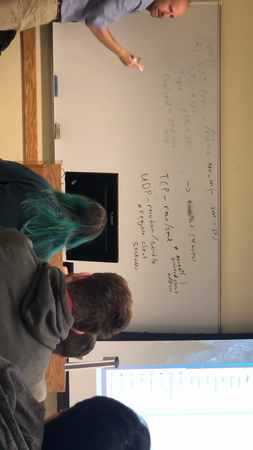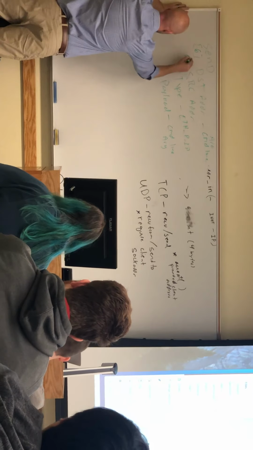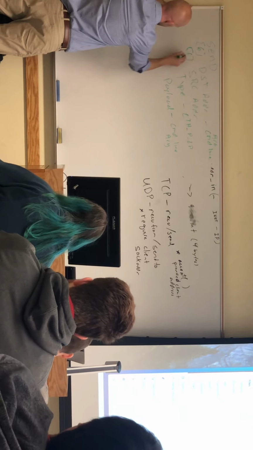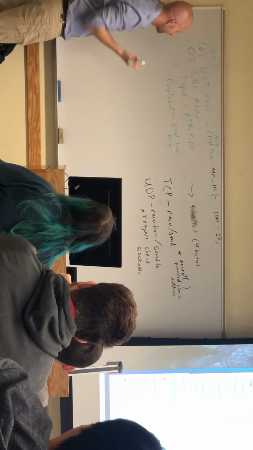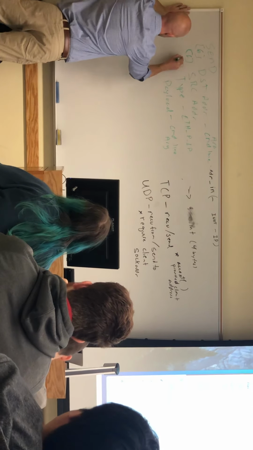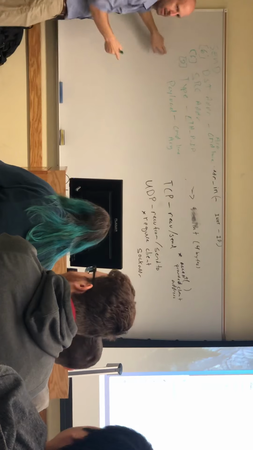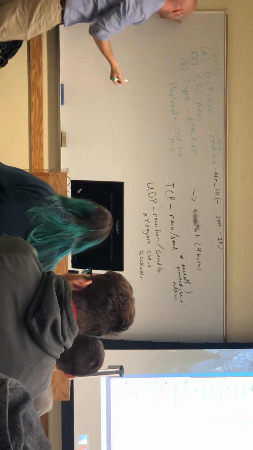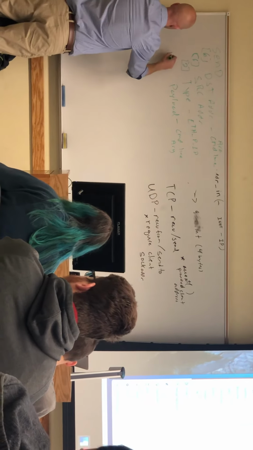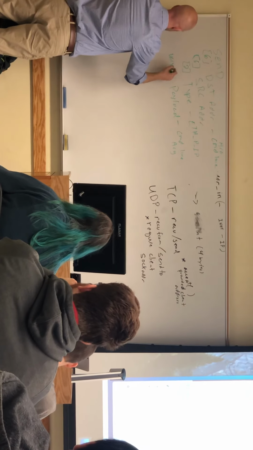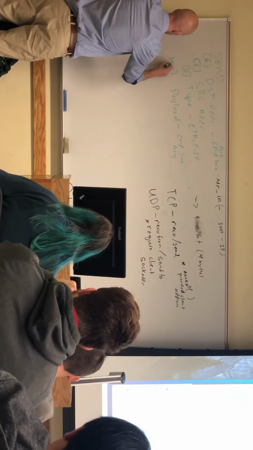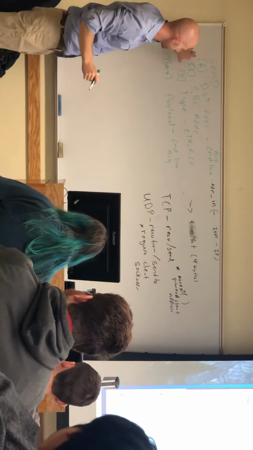And how big is this? 6. And how big is this? I think it's 2. Maybe, no, I'm pretty sure it's 2. And then how big is this payload? It varies, right? So this is defined, right?